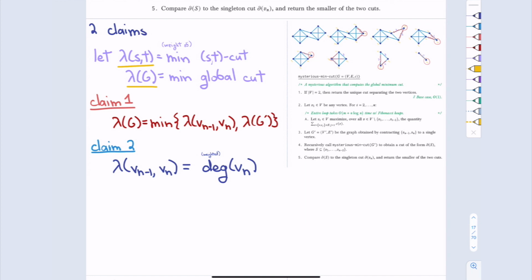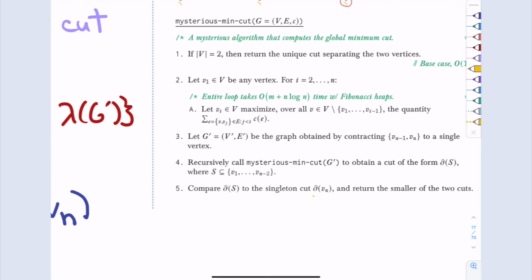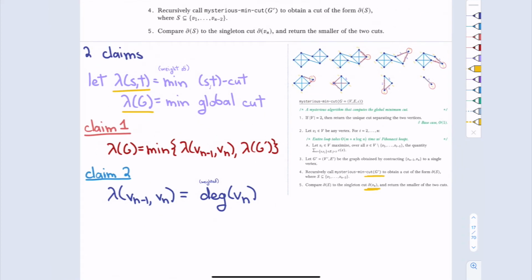So now our algorithm either looks at this last cut, or it'll recurse on the graph obtained by contracting the last two vertices. So that was G prime.